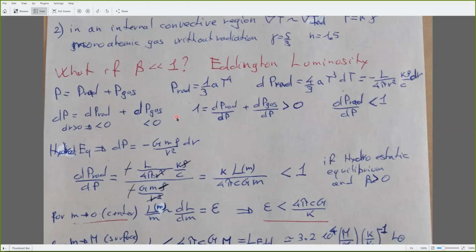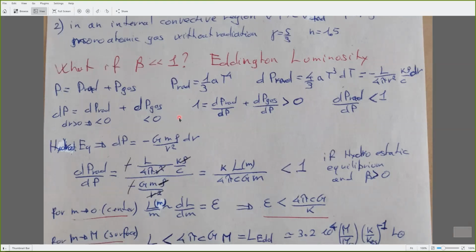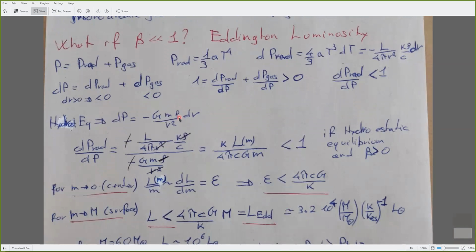Eddington is quite famous in stellar structure because he was the first to discover this Eddington luminosity. It is a luminosity that, when you reach it, the stellar object starts to lose gas because the radiation pressure is too high, so the gas is pushed away.